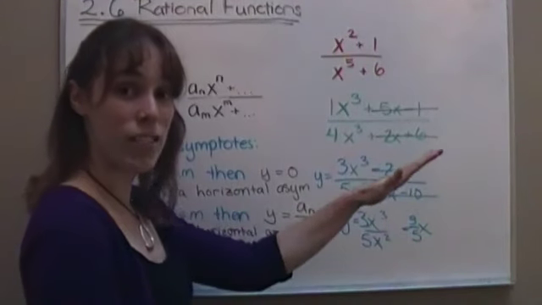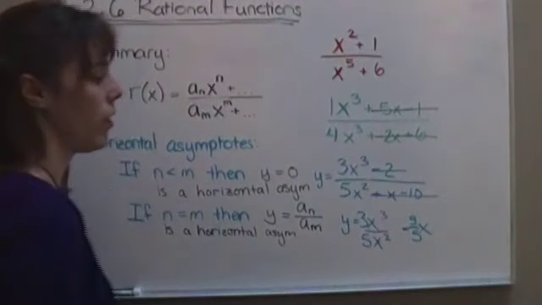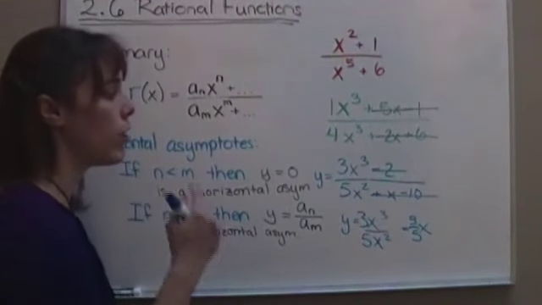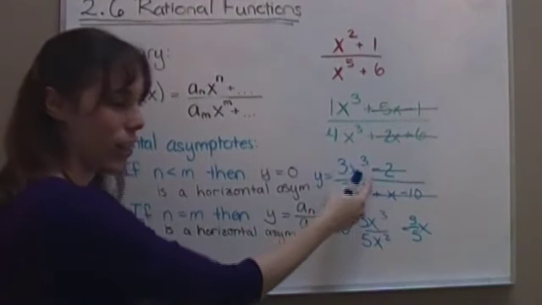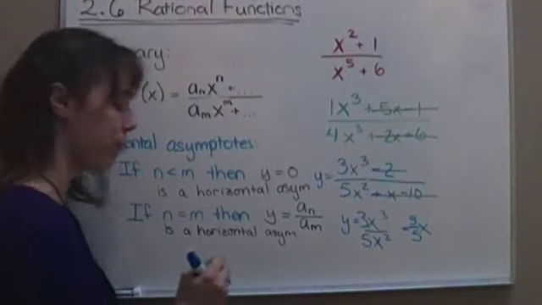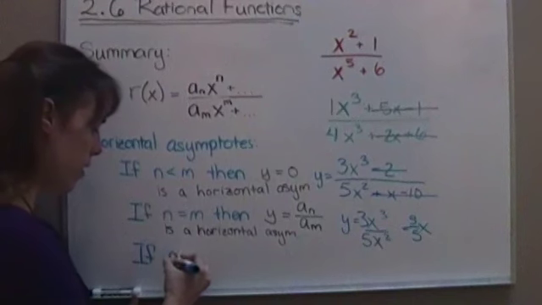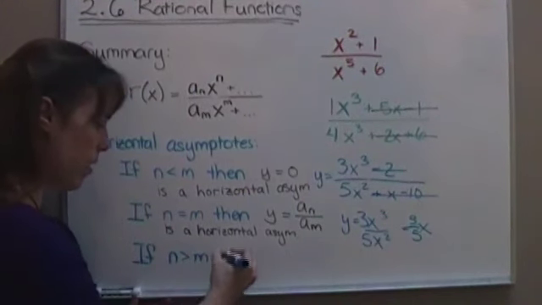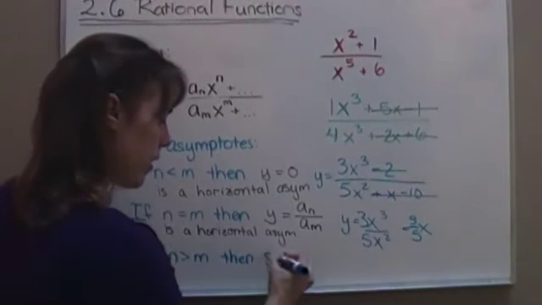It's a line with a positive slope of up 3 over 5. This is what's called a slant asymptote. And you get slant asymptotes when the numerator has a higher degree than the denominator. Does that make sense? So if n is greater than m, then there's a slant asymptote.